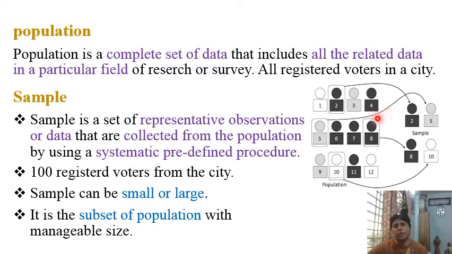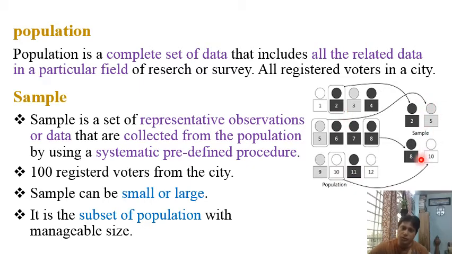If we look at the picture, these 12 people are the population in a particular field of research. These 4 people are collected from this population. Suppose these white people are representing these other people.